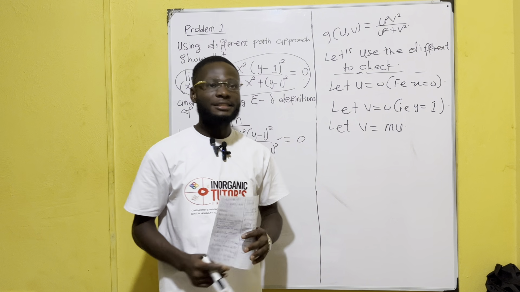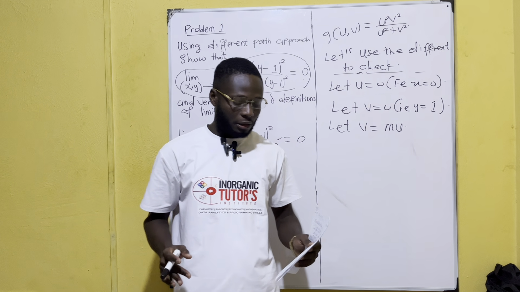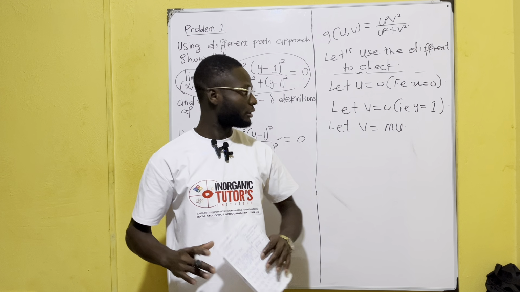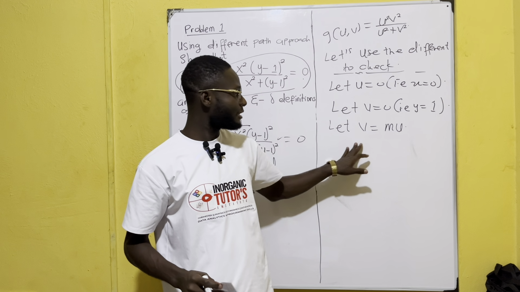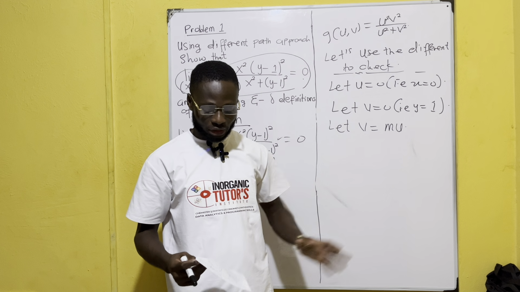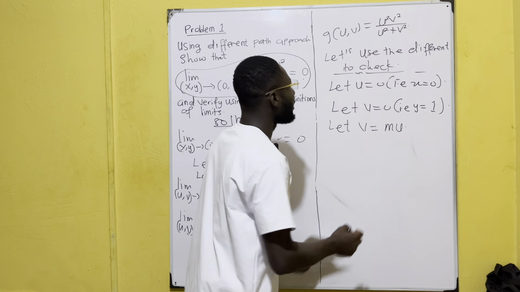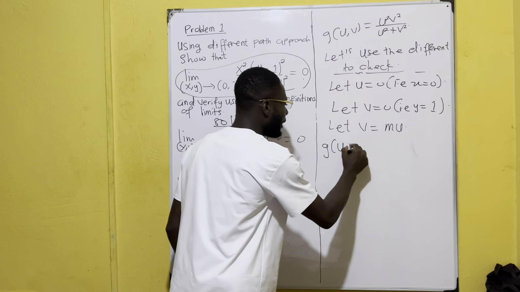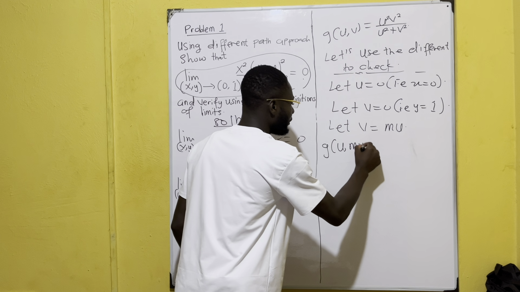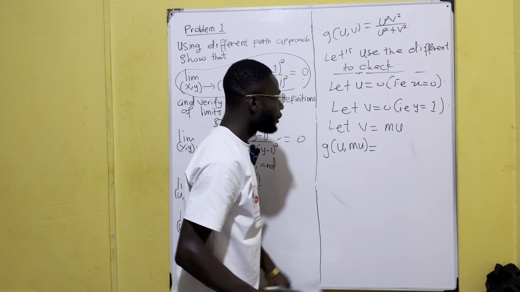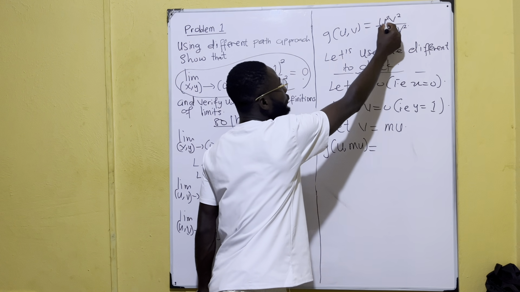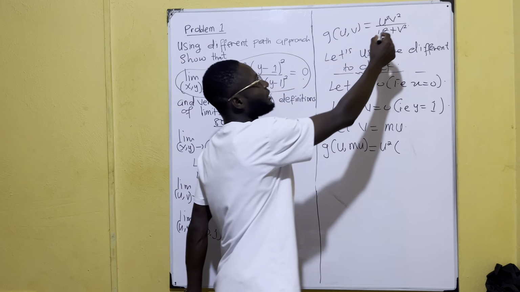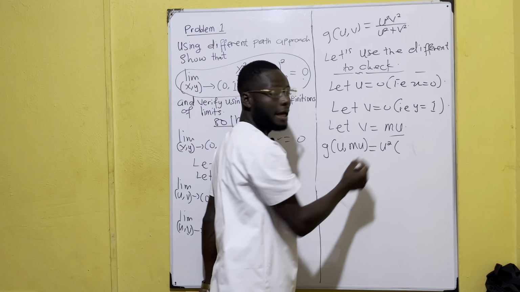This is a straight line through the origin, and that is why we have that. So we're going to have f of u, mu equals u squared into brackets. We are saying that v should be what? Mu, right?